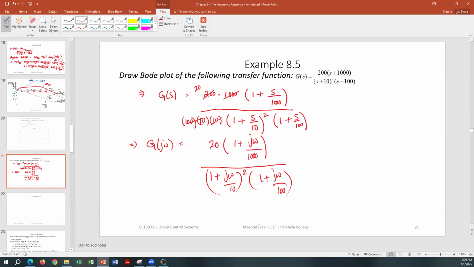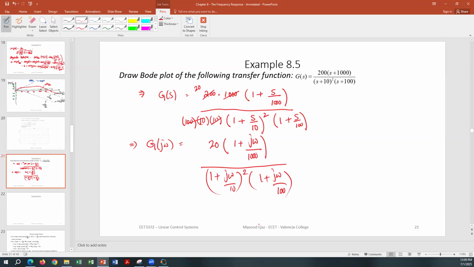If you're writing the equation, that's how it's going to turn out, but if you want to jump directly from here to the Bode plot, and you understand how to do it, you can ignore the equation. So this term is going to be 0 until 1000, and starting at 1000 it increases by 20 decibel per decade. At 10,000 radian per second, it's going to be 20 decibel. At 100,000 radian per second, it's going to be 40 decibel.